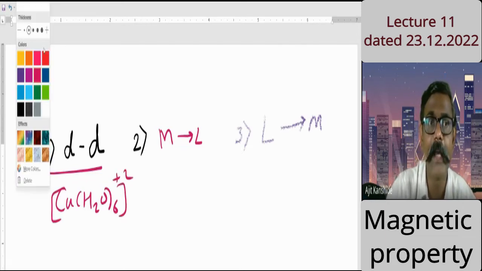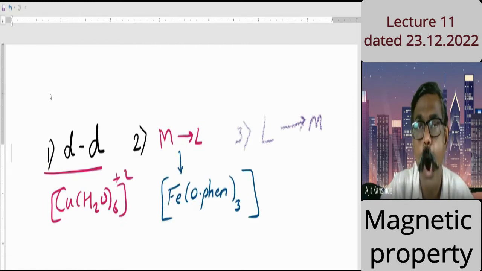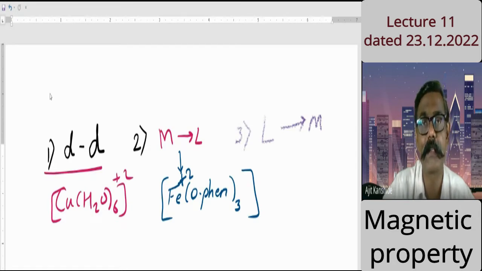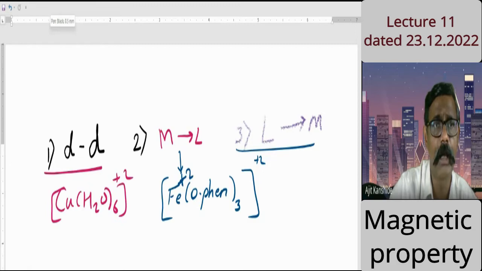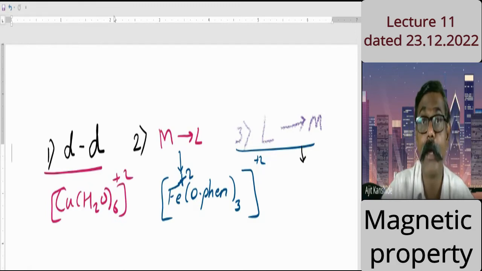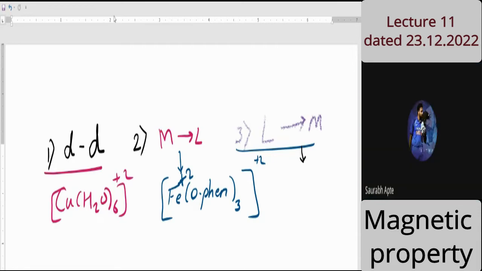For metal to ligand, the metal should be in a low oxidation state. For example, the iron orthophenanthroline complex, where iron remains in the +2 oxidation state. And for ligand to metal, now I will not help you. I want the answer from you. The metal is in a high oxidation state, the charge on the metal will be large. Mn+7.